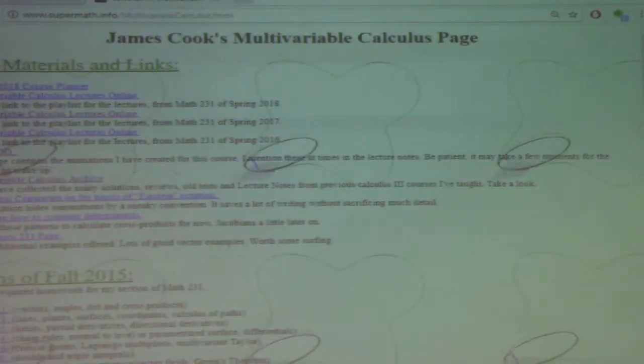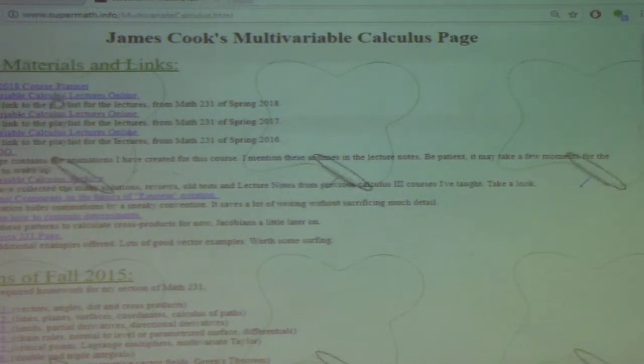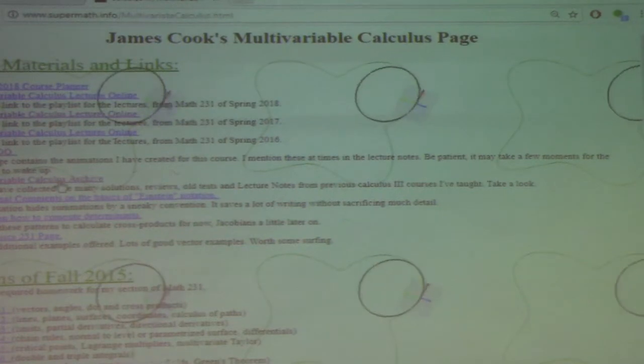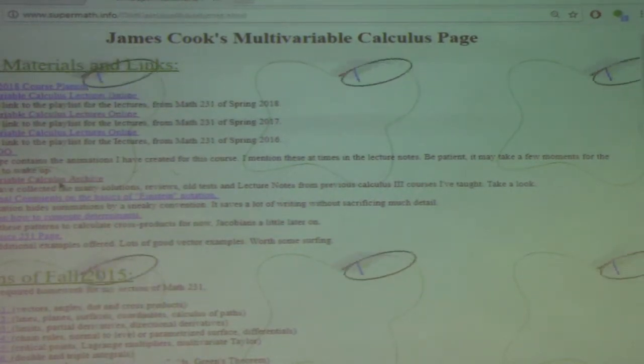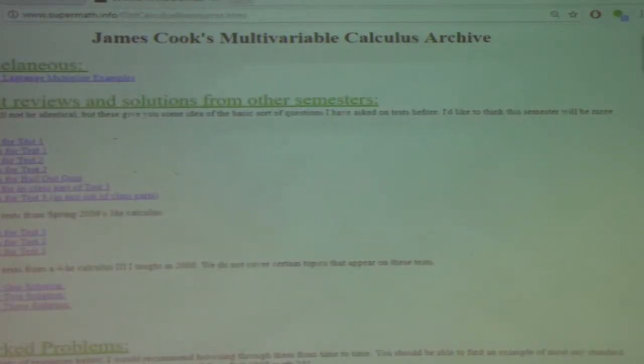But do you know how I got to this, guys? At the top of your web page, it says Multivariate Calculus Archive right under the zoo. Click on that. It takes you to a page with more older stuff. And this week, I was just showing you a solution from test 3 from spring 2009.